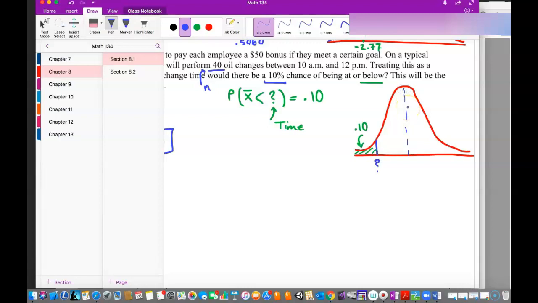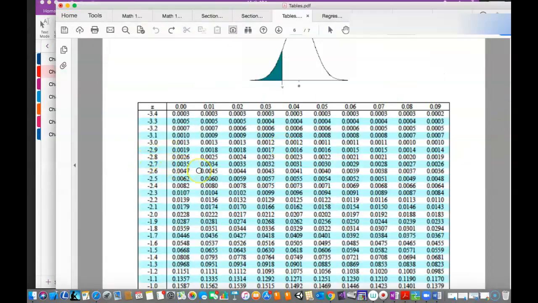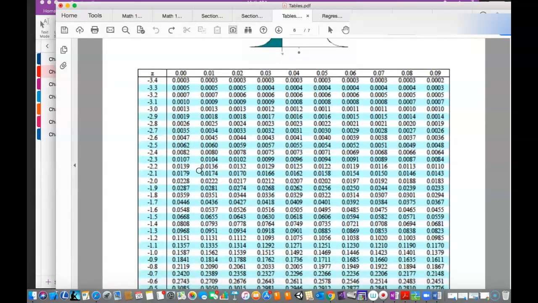On the right side we have positive, and on the left side we should have negative numbers. So for negative z, in the body of the table, find 0.10, or the number closest to 10%.